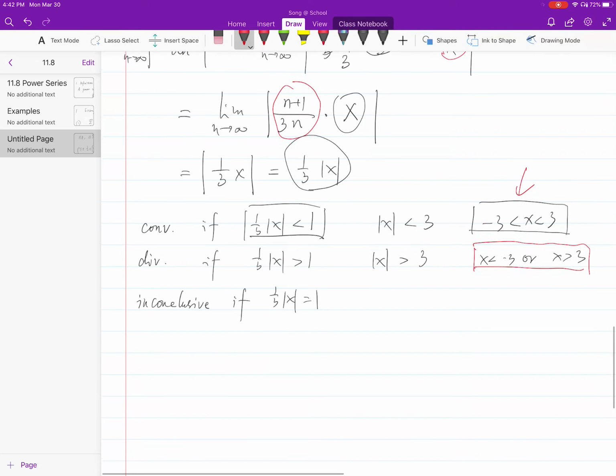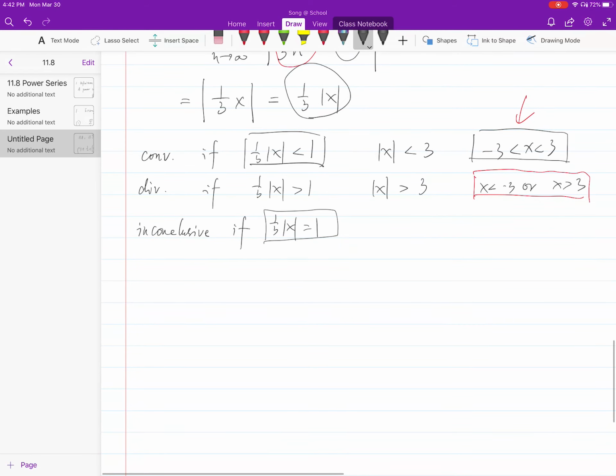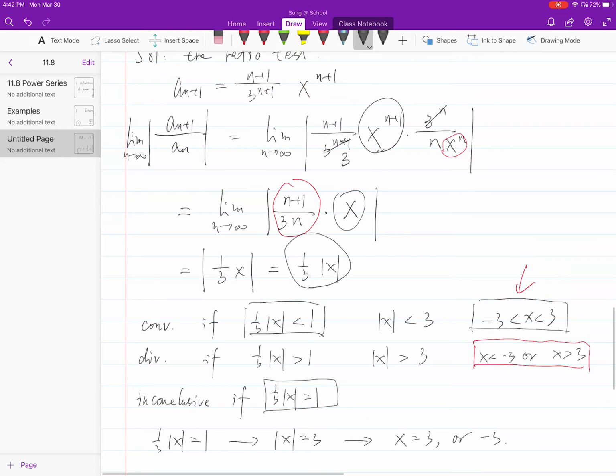Okay? Then the third thing, we just need to verify for this case. We still have this case left because the ratio test is inconclusive if you have equals 1. It may sound tricky at first, but if you think about it, really, you just need to check what happens when this is equal to 1. In another word, what happens when this is 3? In another word, what happens if x equals 3 or negative 3? Let's check it. Okay?